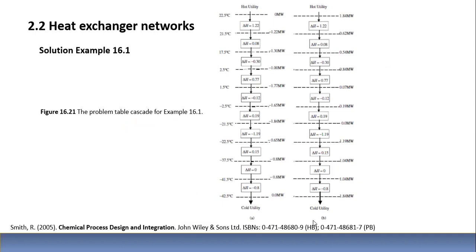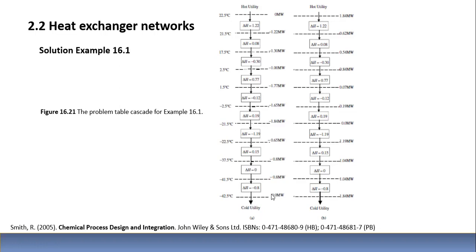Both values on the left cascade table and on the right cascade table are exactly the same. The difference is that on the cascade table on the left, just like you see here, we start with a 0 and start cascading down all the way to the bottom.